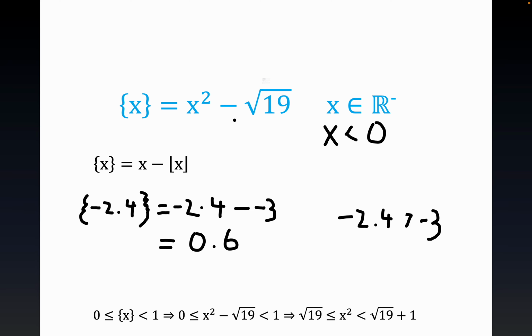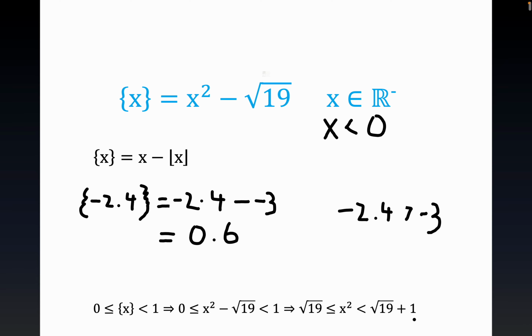Since the fractional part of x is equal to x squared minus square root of 19, these inequalities follow. So x squared is greater than or equal to the square root of 19, and x squared is less than the square root of 19 plus 1. It's important to get bounding on x squared because it gives us bounding on x.